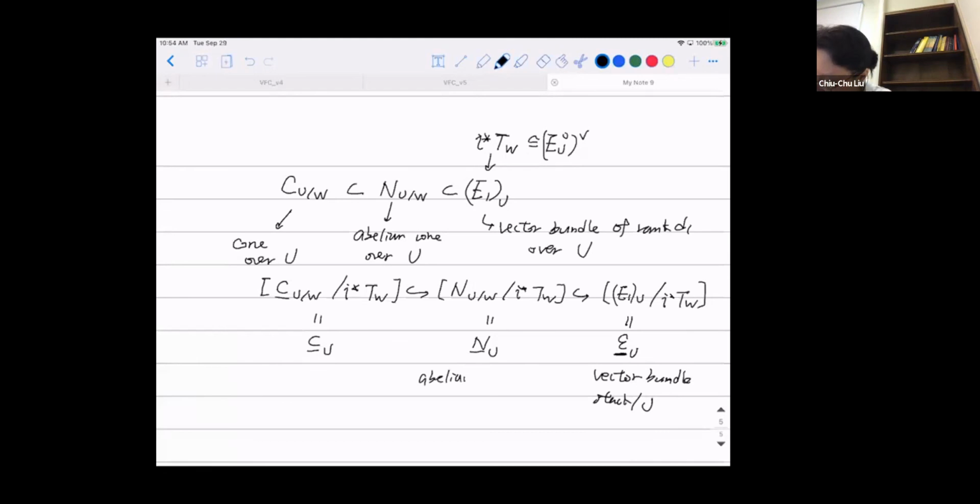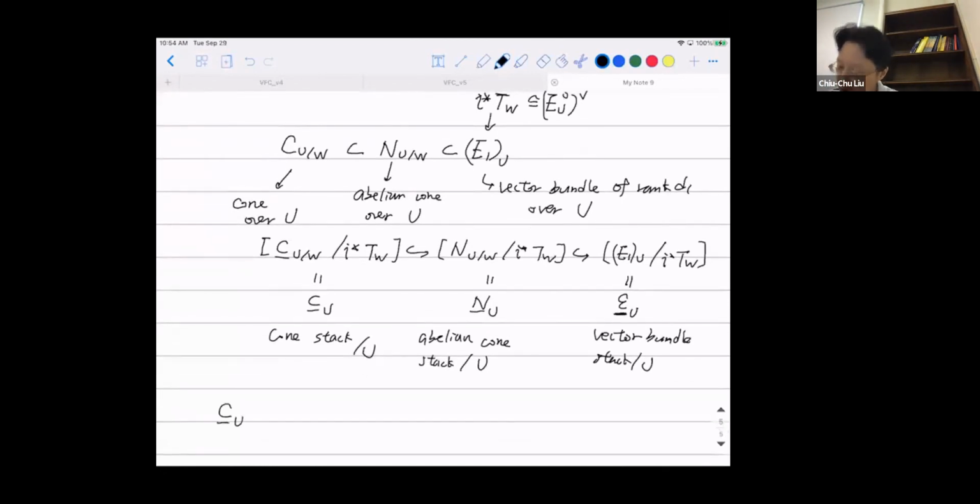In the middle, we get an abelian cone stack over U. And on the left, we get a cone stack over U.